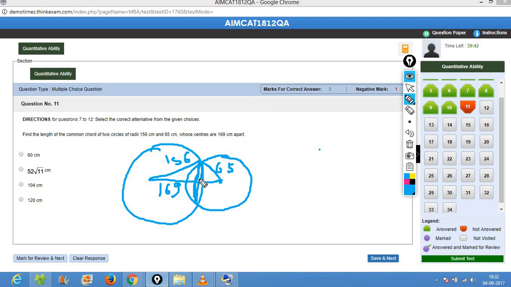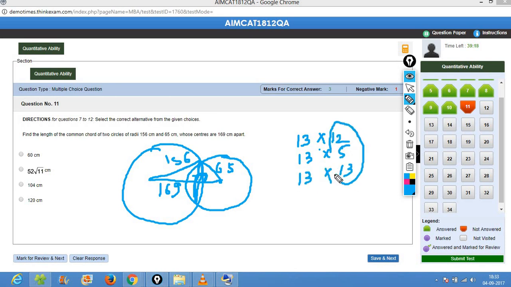Okay, so the common chord is perpendicular to the distance between the centers. And 156, 65, 169, there's a relation: 13 into 12 is 156, 13 into 5 is 65, 13 into 13 is 169.